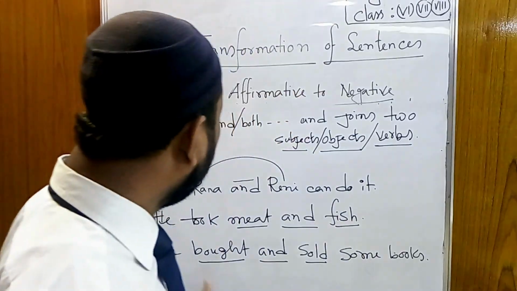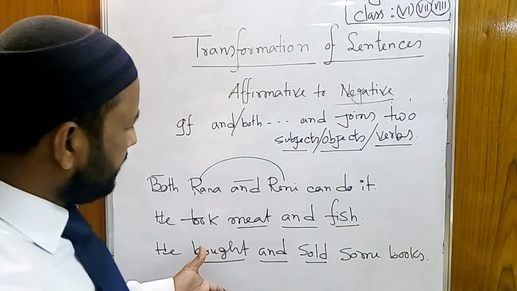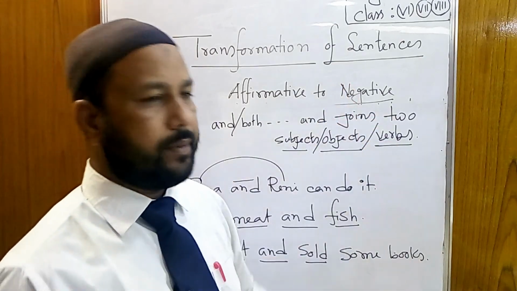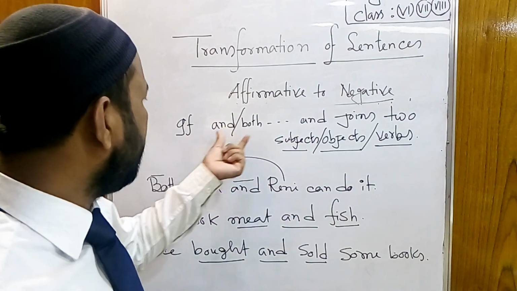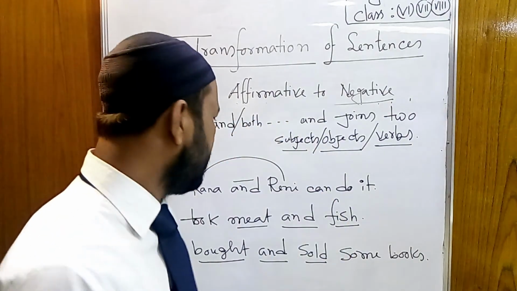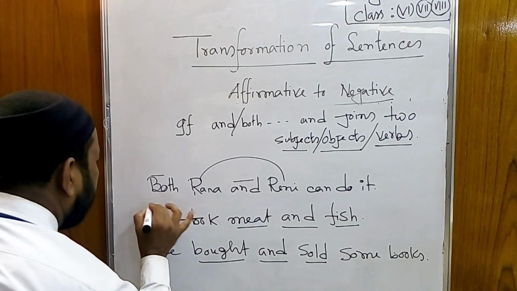Okay, now how will we convert this sentence into negative? This kind of sentence, when you want to convert into negative, you have to use not only but also instead of and or both dash dash and. Just I will give the solution of these examples.